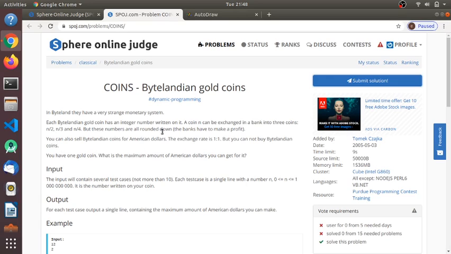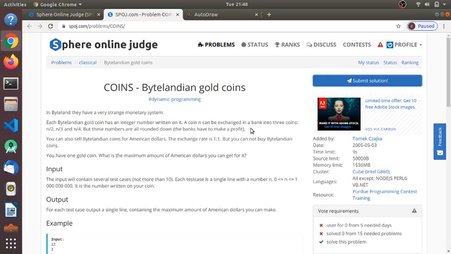Just like you have a 1000 note, you go to the bank and ask, can you give me 500, 200 and 100 notes? If it's 1000, 500 is n by 2, 200 is n by 5, and 100 is n by 10. Consider n by 2, n by 3 and n by 4, but these numbers are all rounded down.